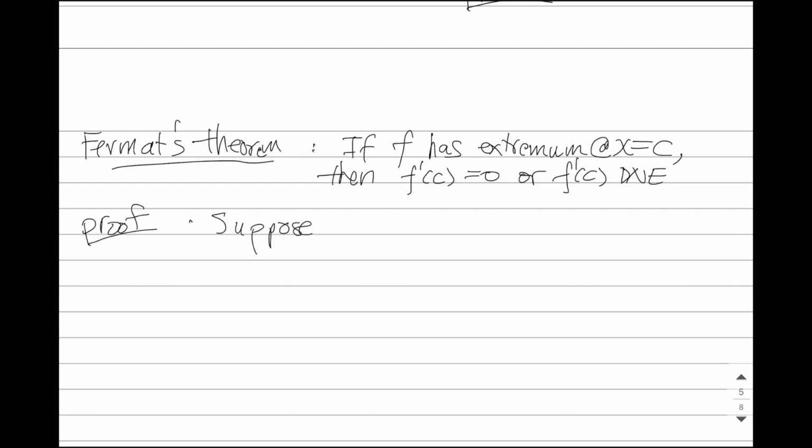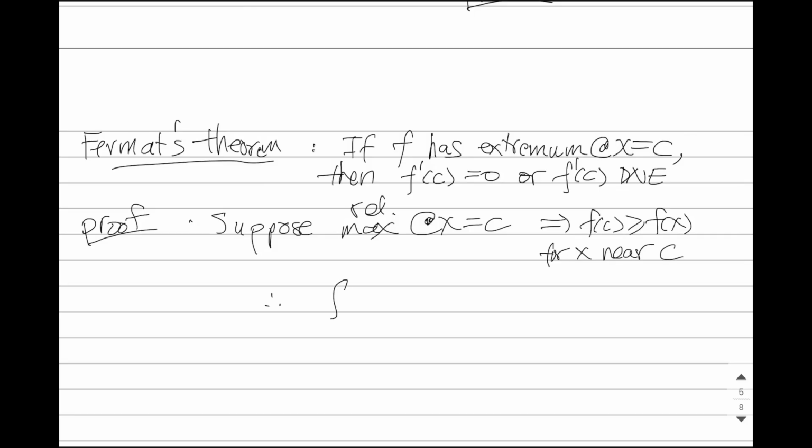But let's suppose we have a relative maximum at x equals c. And that means that the value of the function at c is greater than or equal to the value of the function at x for x near c. If I were to take f of x minus f of c, just from reorganizing this inequality, it would be less than or equal to 0.